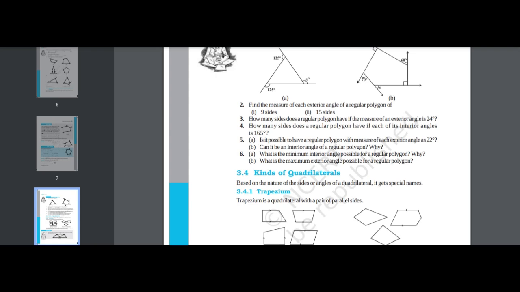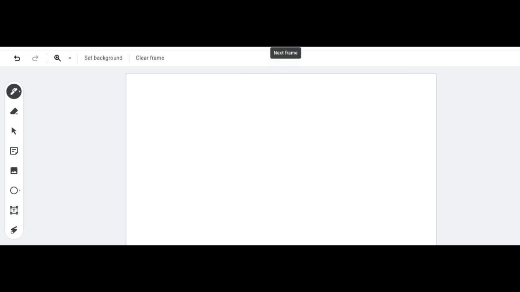For example, if the sum of the exterior angles of a regular polygon is 360, is it? Yes, 360. What if I told you we have to divide 360 by 2? Then the answer will be 180. 180 is exactly a divisor of 360.